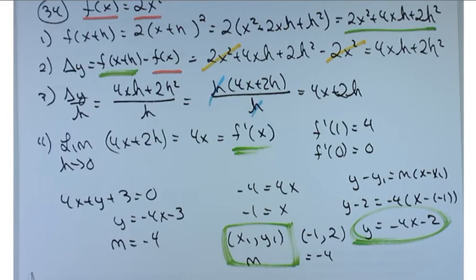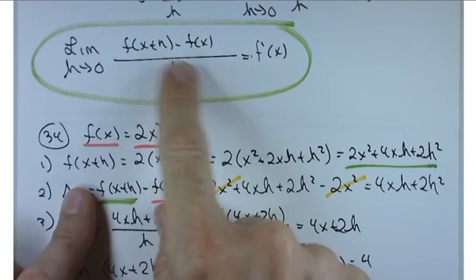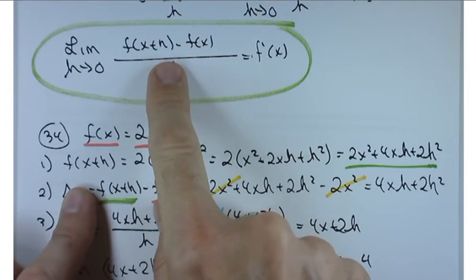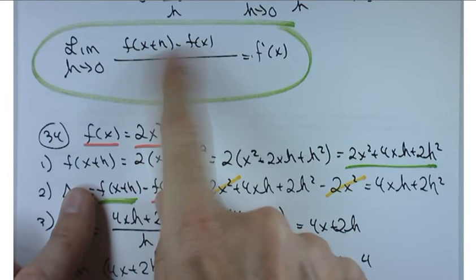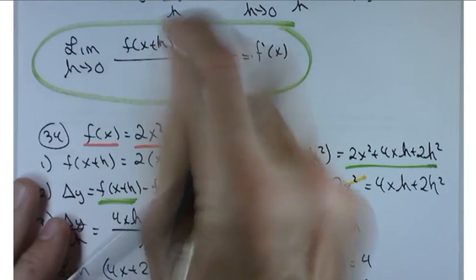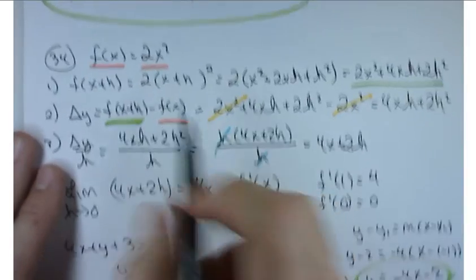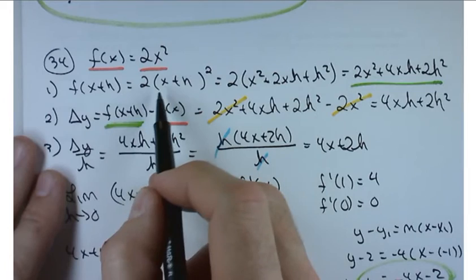All right. I was cooking. But let me recap a little bit. We need to find this limit. That's the derivative function. You start by calculating the difference between f of x plus h and f of x. The function is given, so we need to calculate f of x plus h.